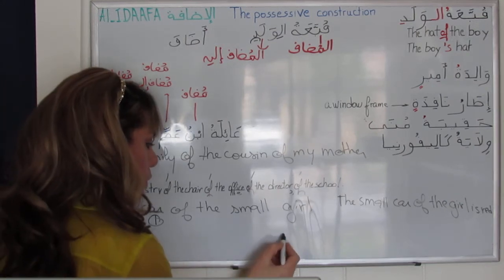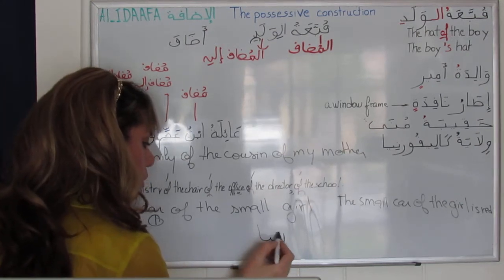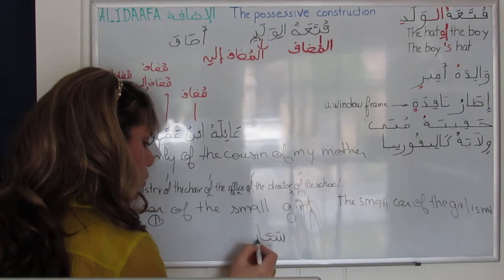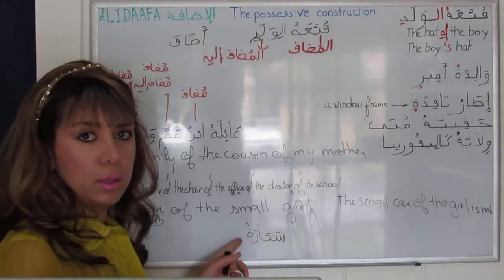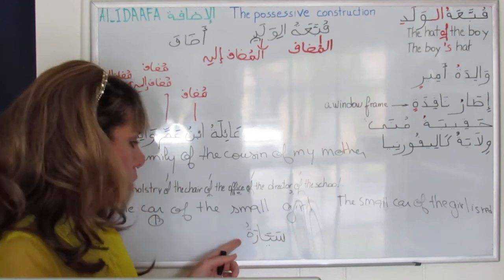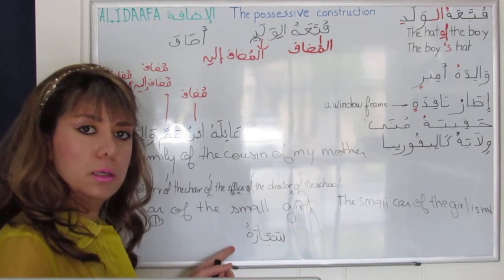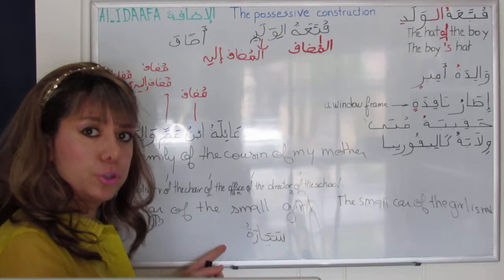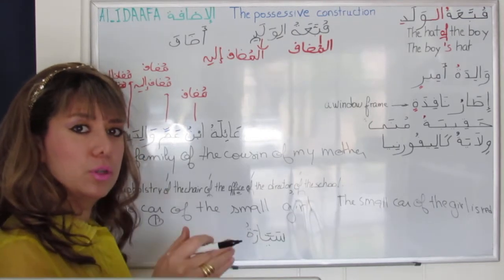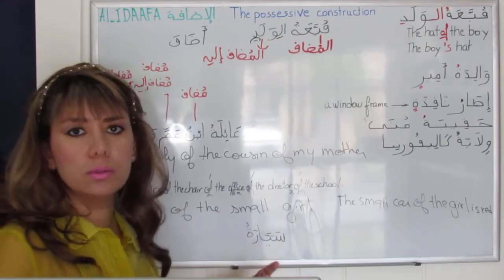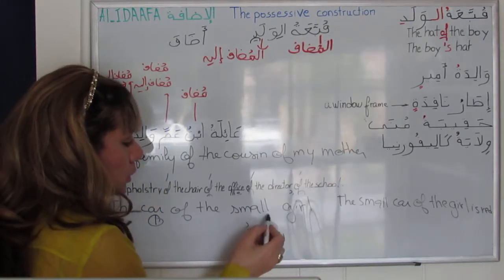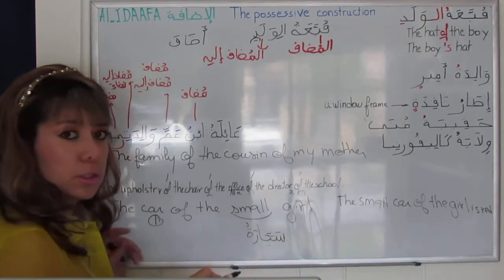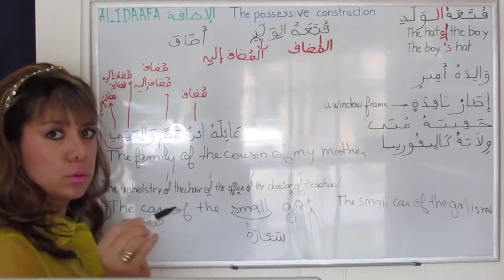So here, the car, the first term, سيارة, سيارة, ending with ta marbuta, and because another term is coming after, so we have to pronounce the ta. If it was by its own, سيارة. Small girl. The adjective is describing the girl. بنت صغيرة.